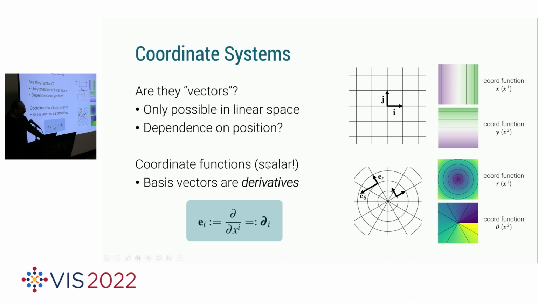And then the question is, where do the basis vectors come from? Well, they come from taking derivatives of these coordinate functions. So even the construct of these basis vectors that everybody is used to comes from taking a derivative of an underlying function. And in a general setting, that's quite important. These derivatives are then often denoted with a notation like this one here.